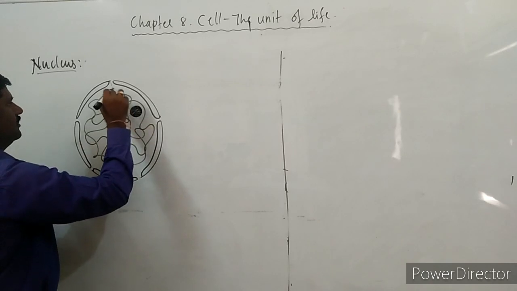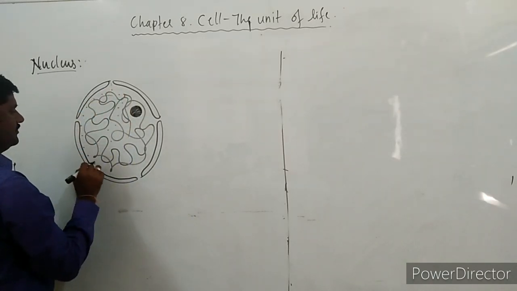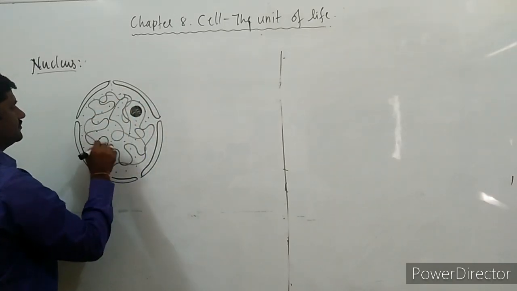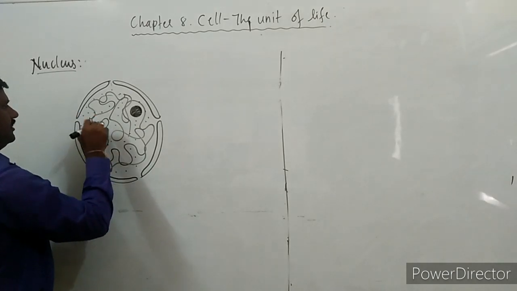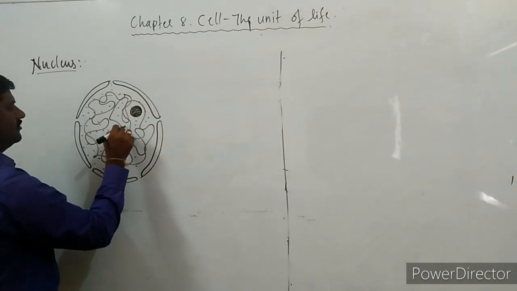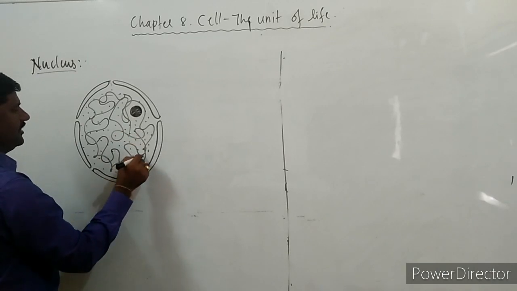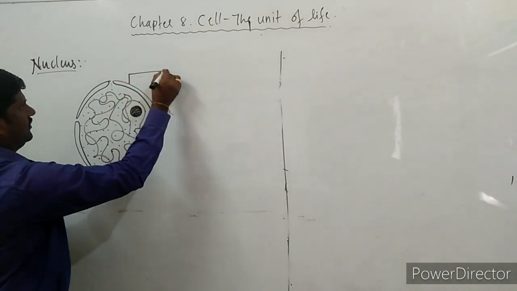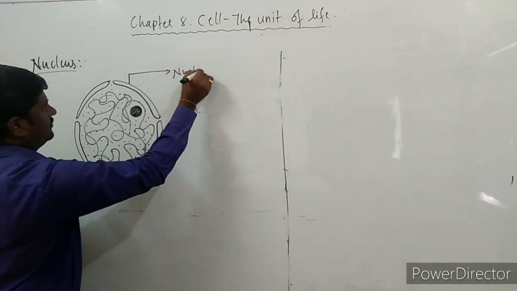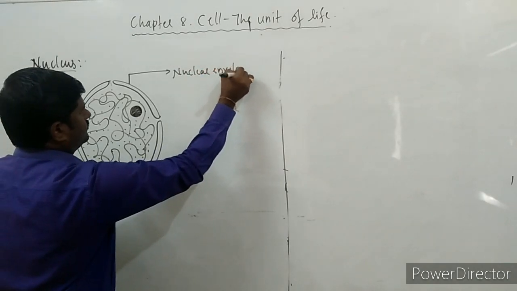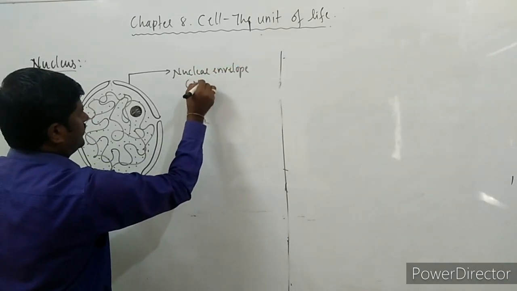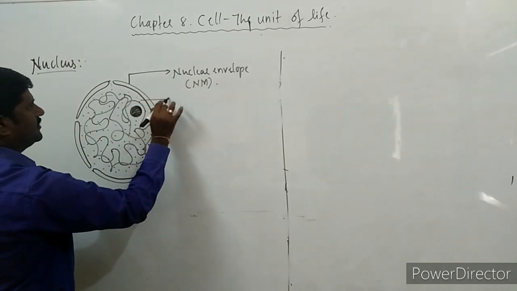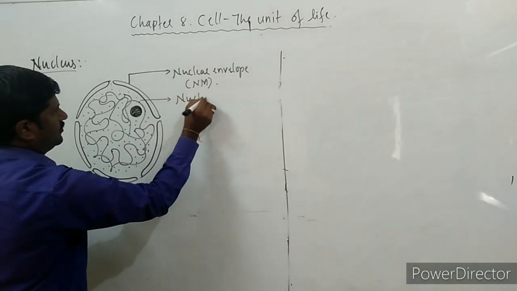And the fluid within the nucleus is the nucleoplasm, also called karyoplasm, or karyolymph, right? So what are the major parts? Let us label one by one. This is the nuclear envelope or nuclear membrane. And the second one is the fluid present inside, the nucleoplasm.